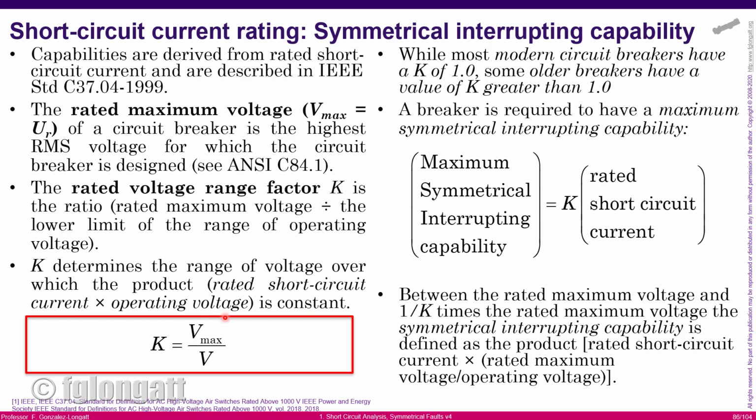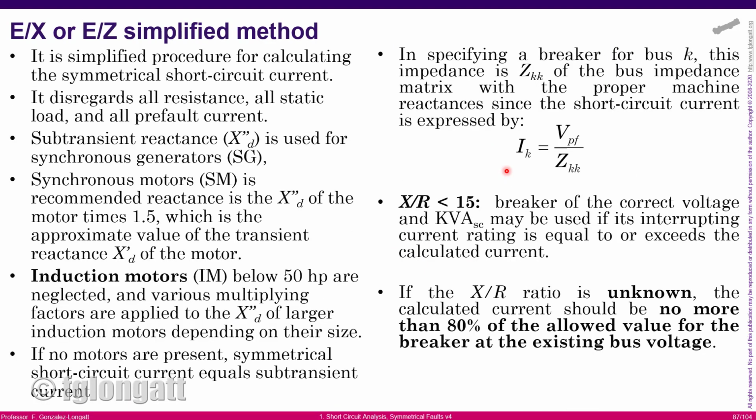Very old breakers, especially the great volume of oil ones, have a rate voltage range factor that is a bit higher than 1. And what that means is that for the same short circuit current, you will have more capacity of interrupting short circuit faults.